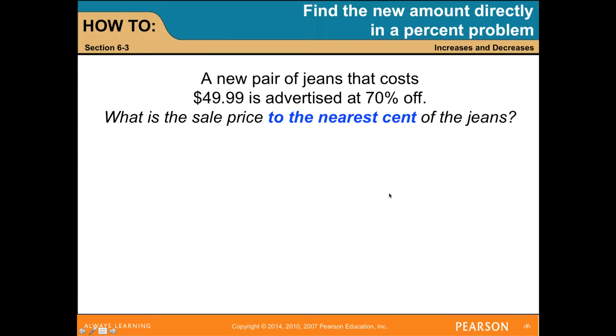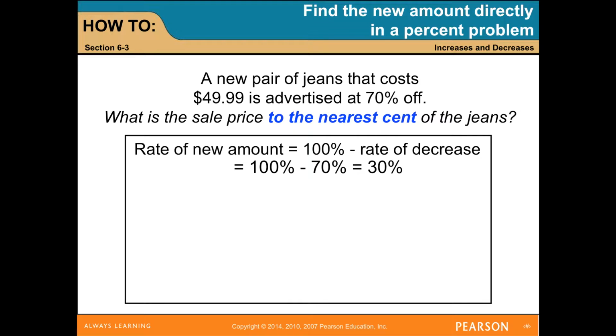A new pair of jeans that costs $49.99 is advertised at 70% off. What is the sales price to the nearest cent of the jeans? So then you have the rate of the original amount, which is 100%. The rate of the decrease, you also have. So 100% minus 70% equals 30%.